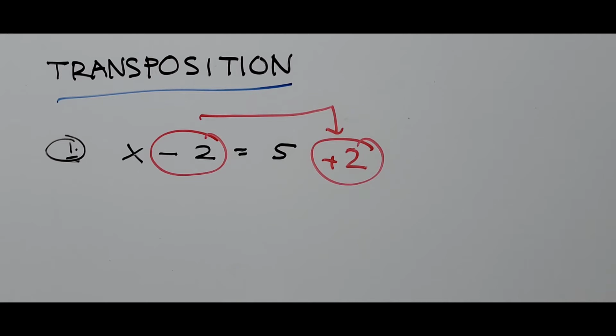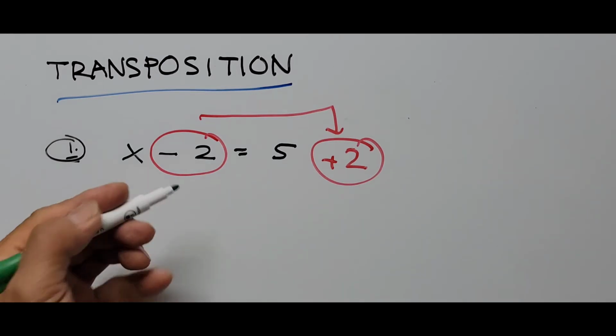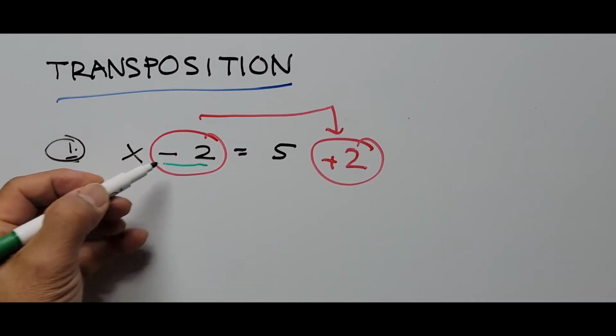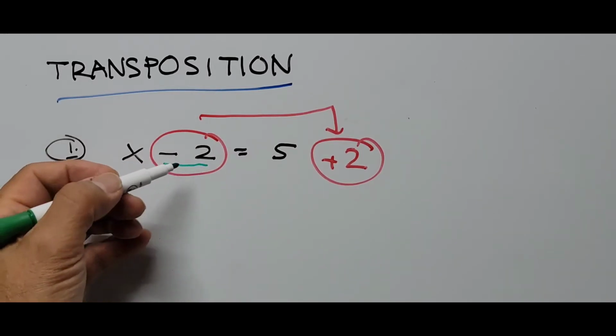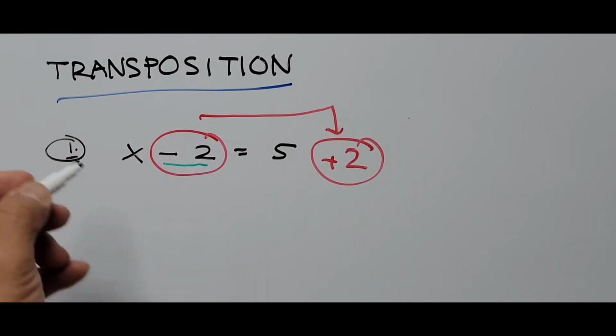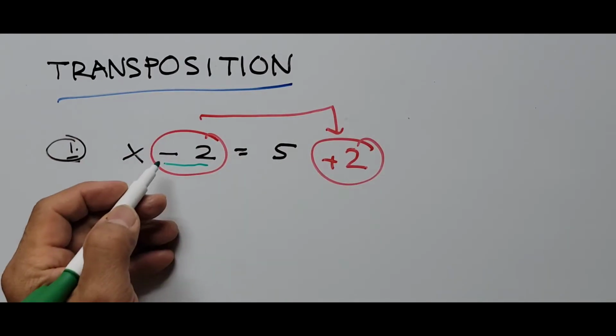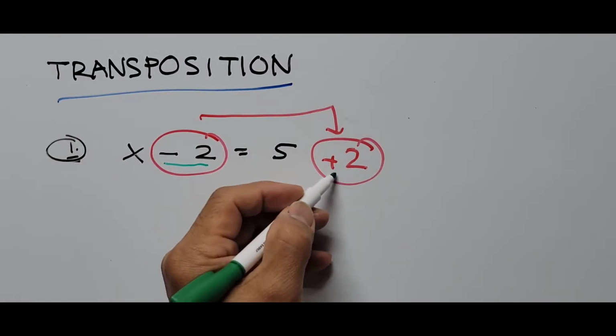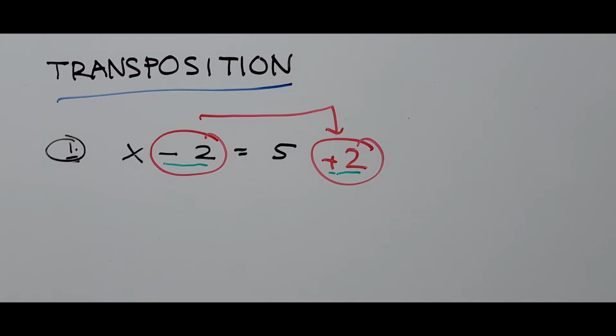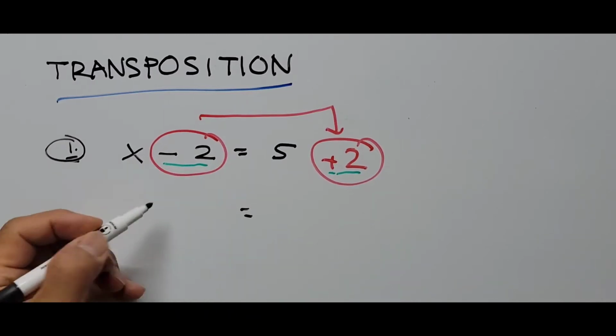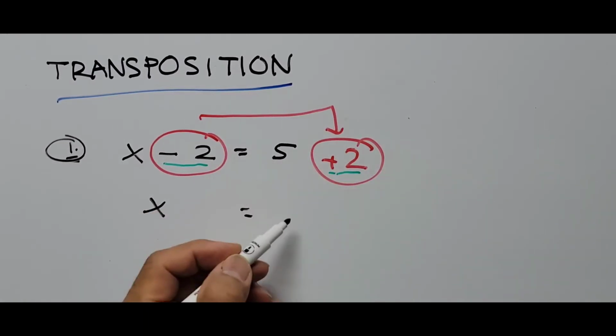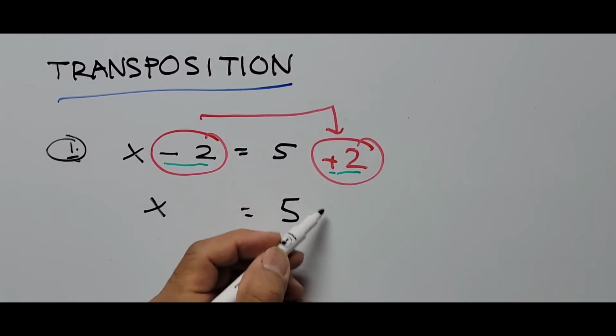If you see the difference, from here it was minus 2, but if I move it to the other side of the equation, this minus becomes plus already. So that will become x here, and we have 5 plus 2.